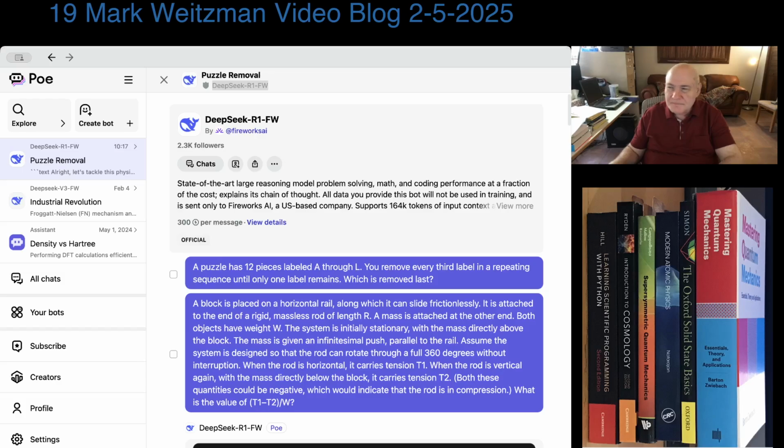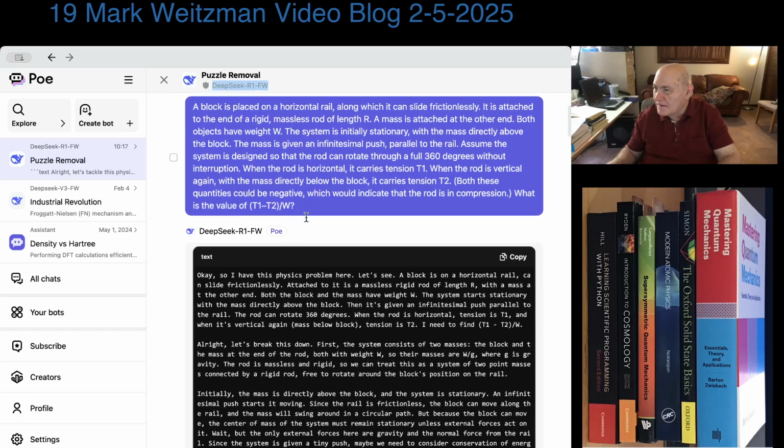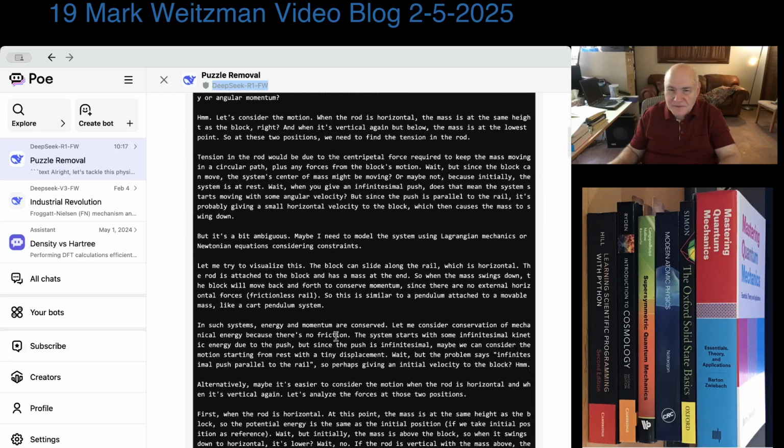I don't know why it has this puzzle in here first. So I copied and pasted the New York Times description of the problem into DeepSeek, and then it started working on it. This is its output.